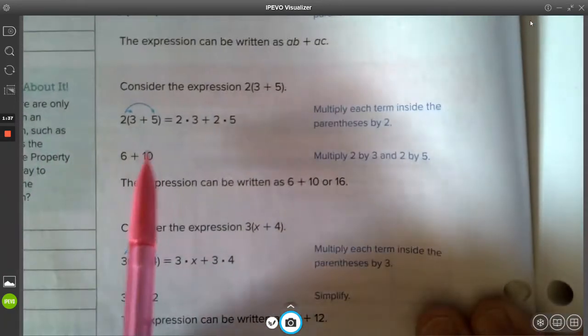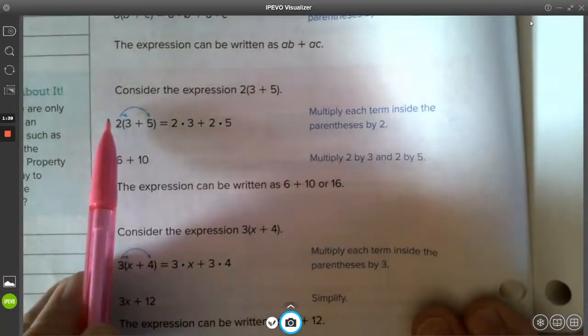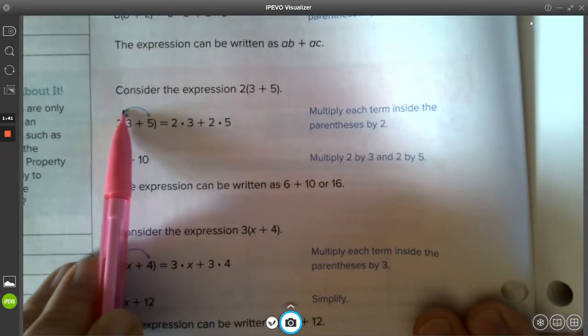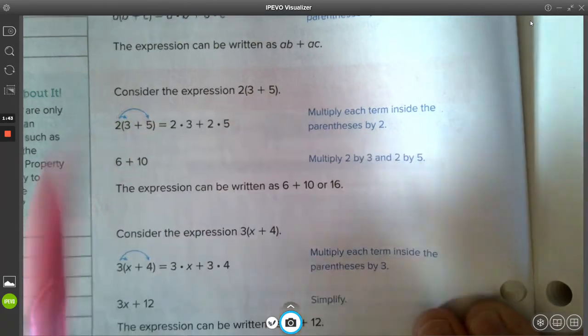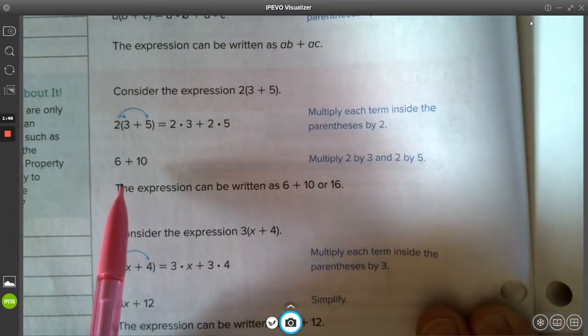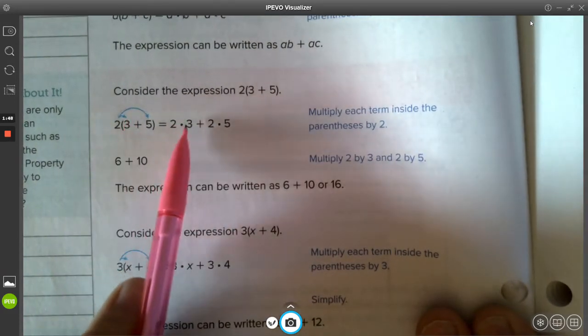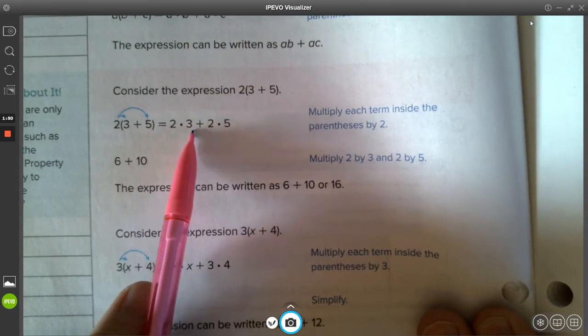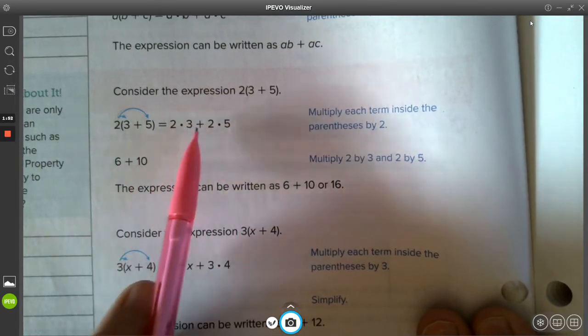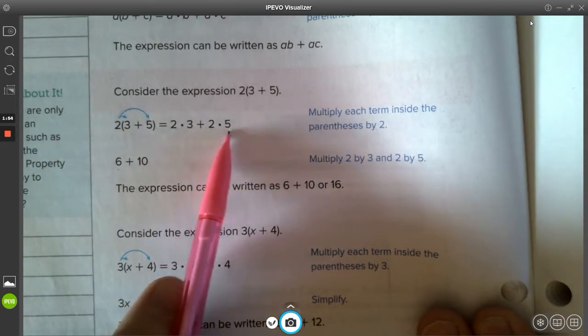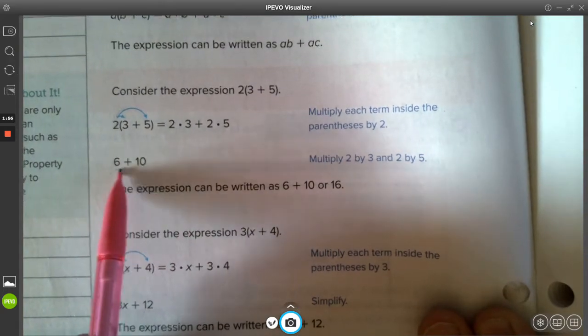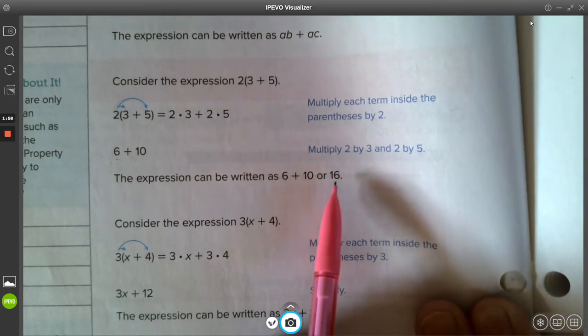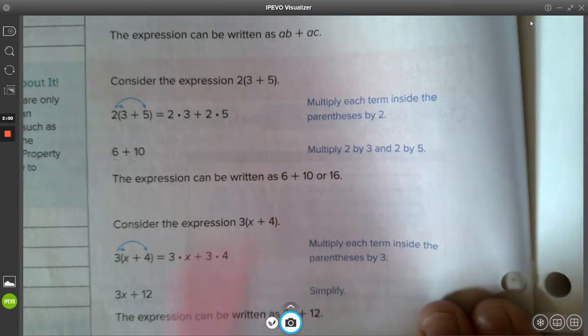Now, if we have actual numbers here, we would do the same thing. Like I said, you distribute the outside number into both of the terms inside the parentheses. So this would mean the same as 2 times 3 plus 2 times 5. 2 times 3 is 6, 2 times 5 is 10. So then we would do 6 plus 10, and the answer then would be 16.